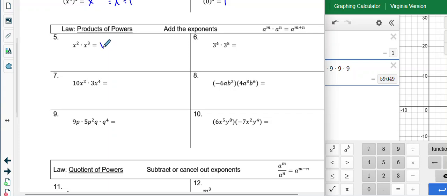You just bring over the same base, and then you do 2 plus 3. That simplifies down to x to the power of 5. Here, this would be 3 to the power of 4 plus 5, which is equal to 3 to the power of 9.